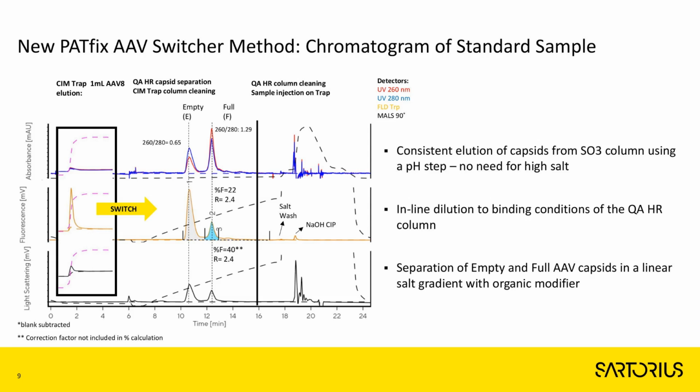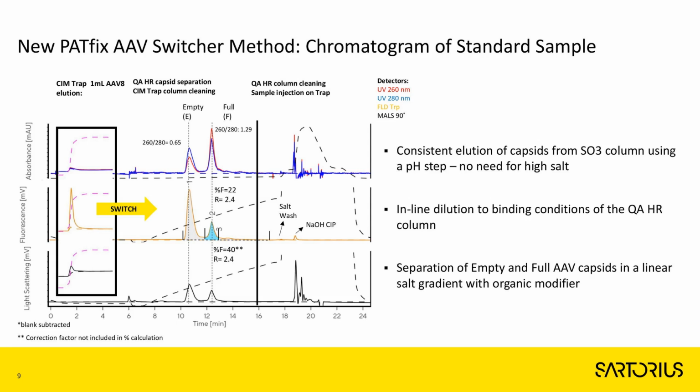You can see dissolution of the capsids by the orange and black signal, which increase as the capsids are eluted. This allows us to elute in low salt concentration and also to do an inline dilution to then bind these eluted capsids to the second column, where you can see in the middle of the slide where the empty-full separation then happens.